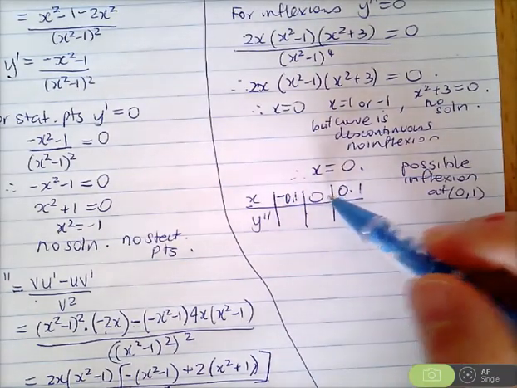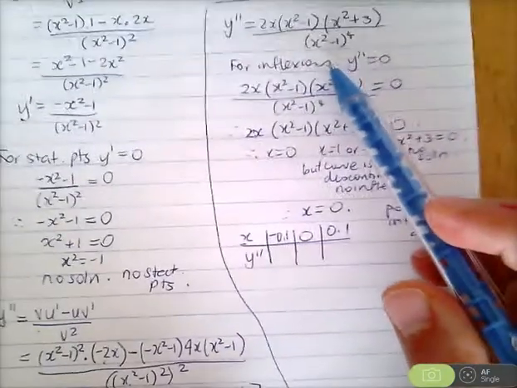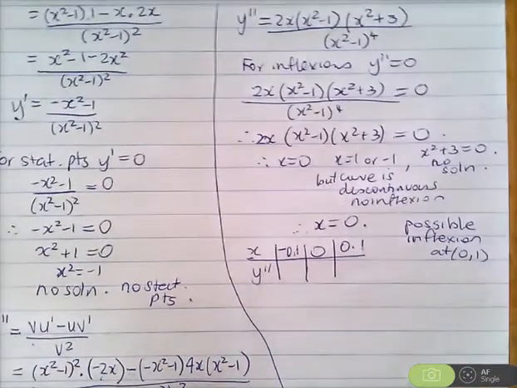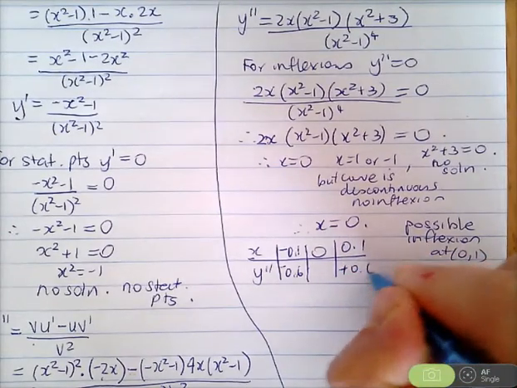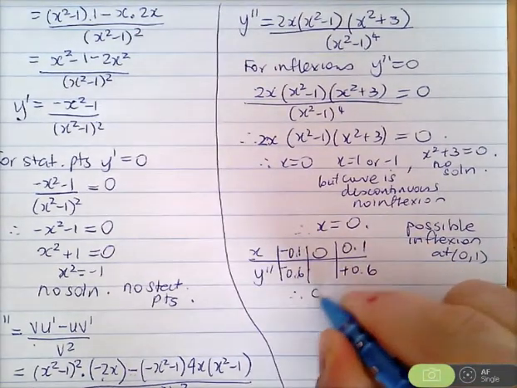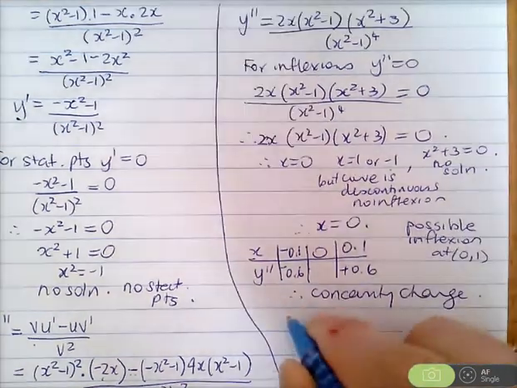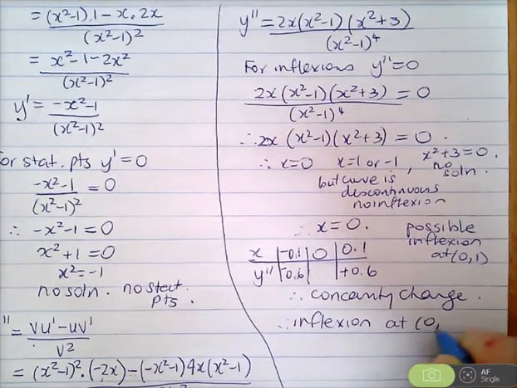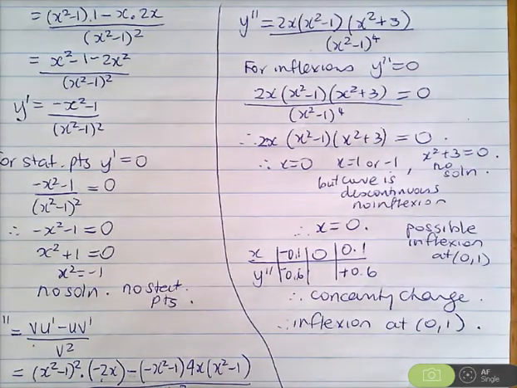Now substituting those values into the second derivative up here and checking, I got negative 0.6 and positive 0.6, so therefore we have a concavity change. So there is a definite inflection at 0, 1, and it's not a horizontal inflection. So I think we've got enough information there now to sketch this.